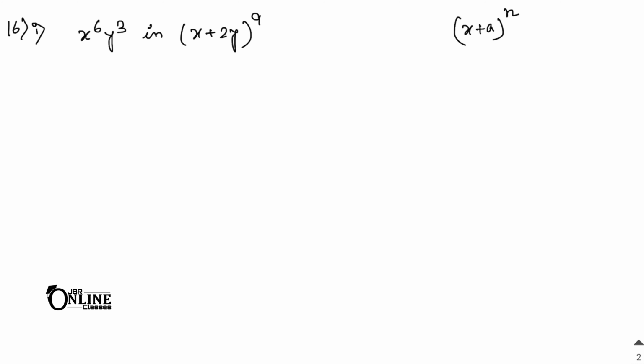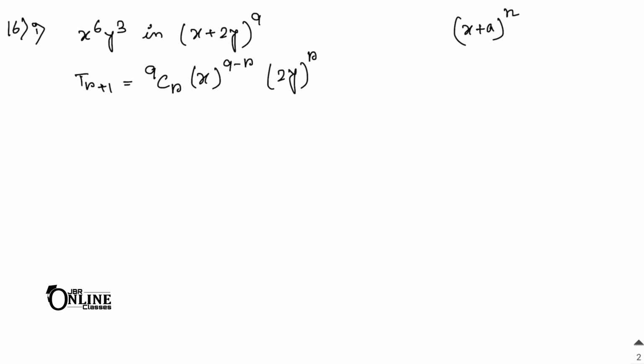Then suppose here t(r+1) is the term of x to the power 6 y cube. Okay, so now the formula, you know that nCr, that means 9Cr, then x to the power 9 minus r, and (2y) whole to the power r.